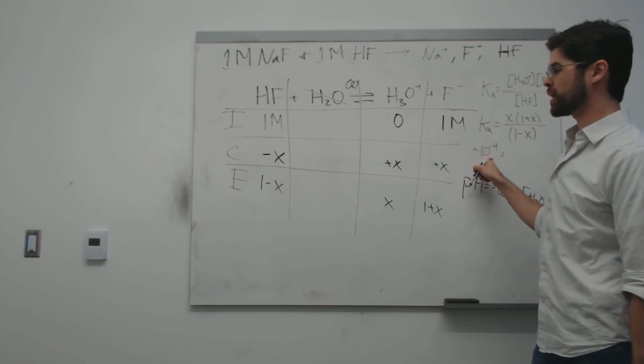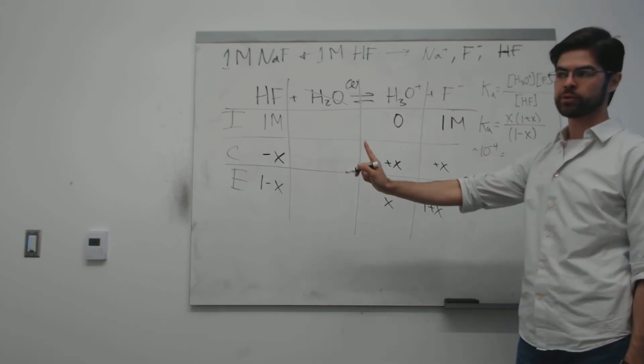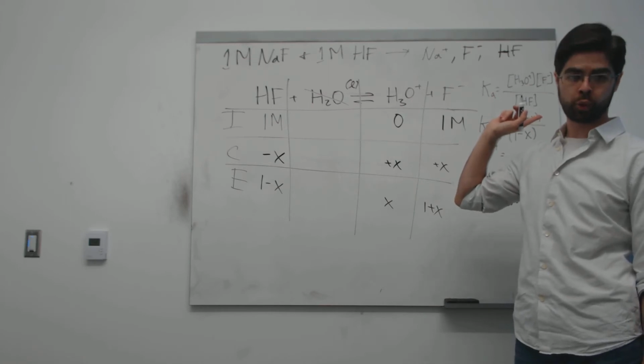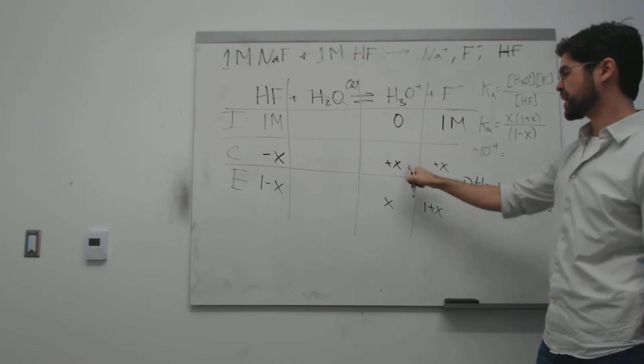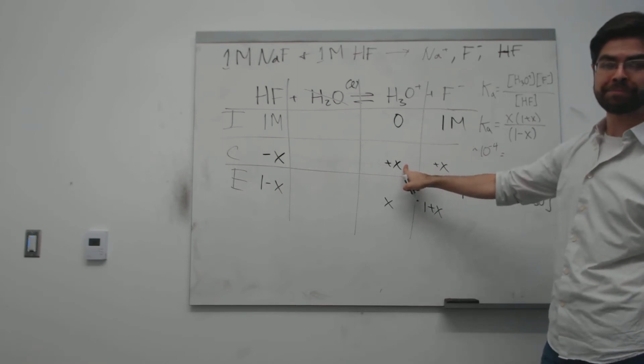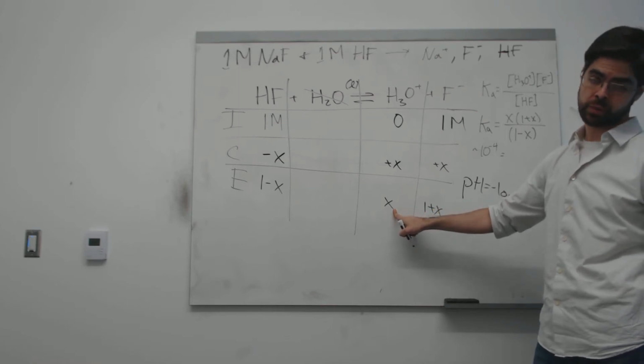So I expect, okay, this reaction does not heavily favor the products. I am not going to shift that far forward to produce products. So I expect the amount of hydronium I produce, I expect X to be relatively small.